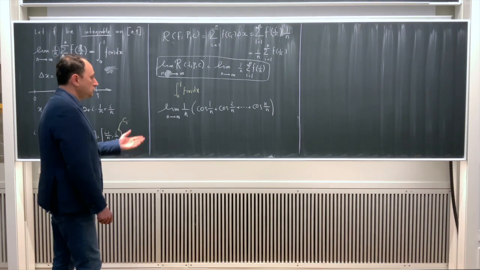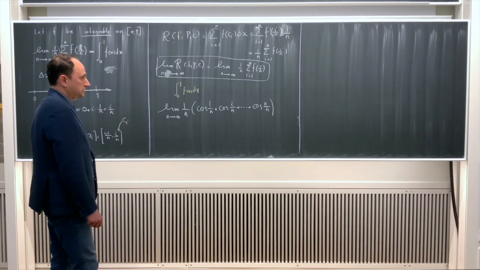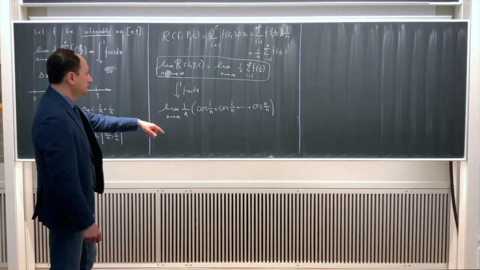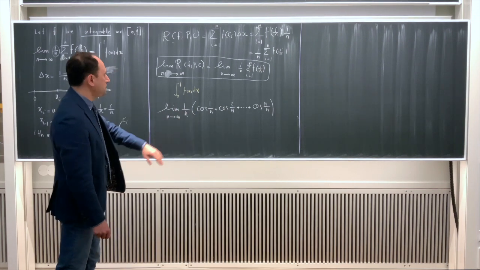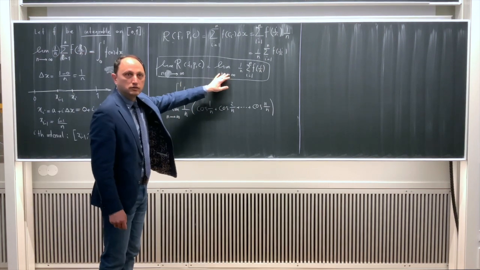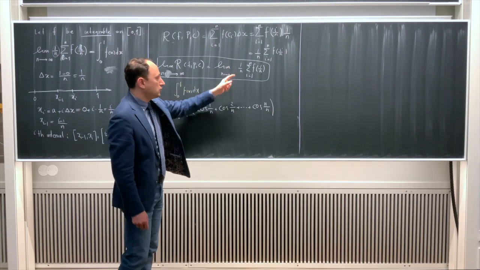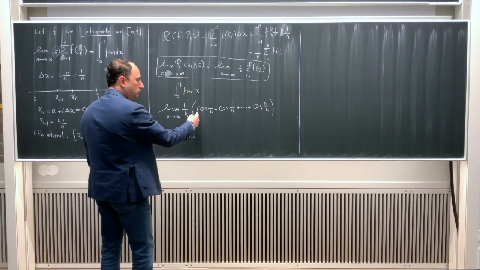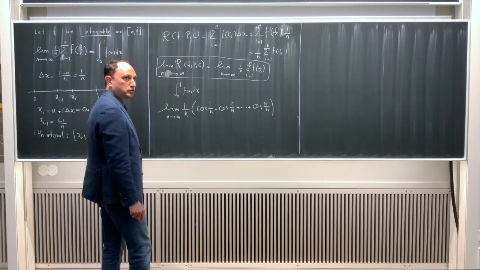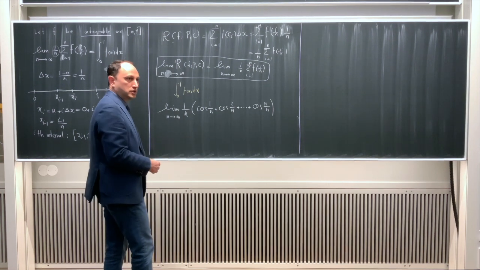Okay, but you want to find this limit. Can you feel the connection between this limit and this limit? Yes, because you see 1 over n here, it's also 1 over n. I would recommend you to write this in a sigma form, if it is not already written in sigma form.